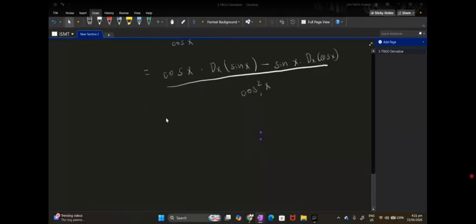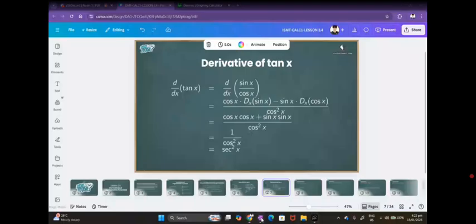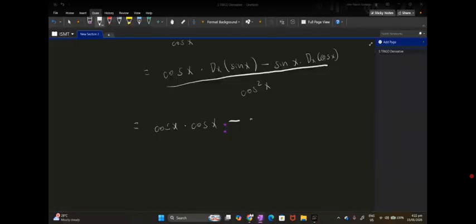Ngayon, dahil alam na natin yung derivative ng sine and cosine, pwede na natin siya i-evaluate. So, cosine of x, ano yung derivative ng sine na nakuha natin kanina? It's cosine of x, minus pa siya or plus? Tama, minus sine x multiplied by the derivative ng cosine of x, which is negative sine x, di ba?